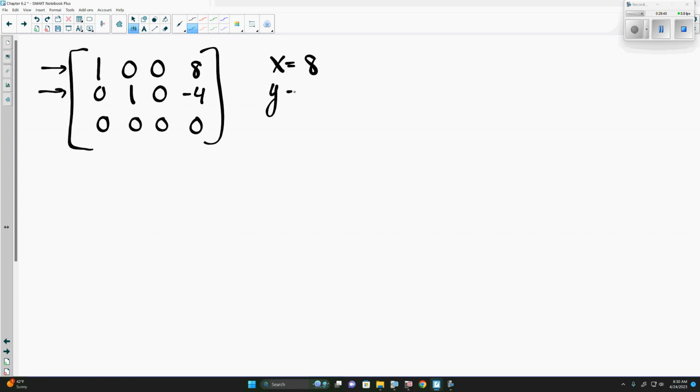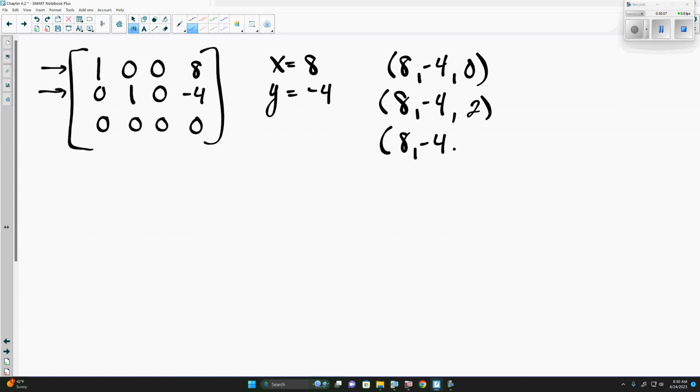Y is equal to? What's Z? What is it? Is there a spot for Z? So I mean, 8, negative 4, 0 would be a solution, yes? 8, negative 4 what? Yes. Yes.